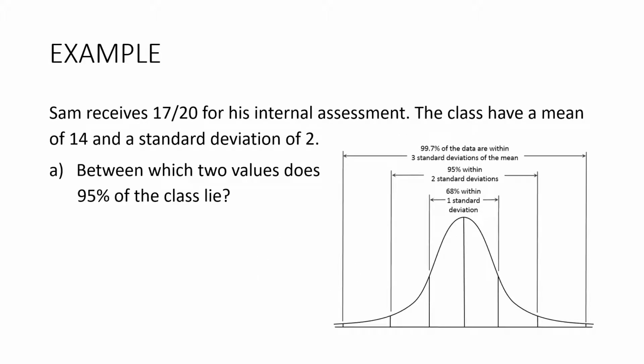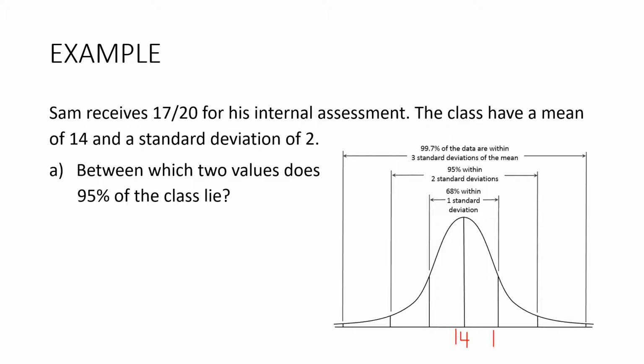Here's an example. Sam received 17 out of 20 for his internal assessment. The class have a mean of 14 and a standard deviation of 2. Between which two values does 95% of the class lie? Okay, so we know that the mean is 14, so we can write that in. And then we know the standard deviation is 2.